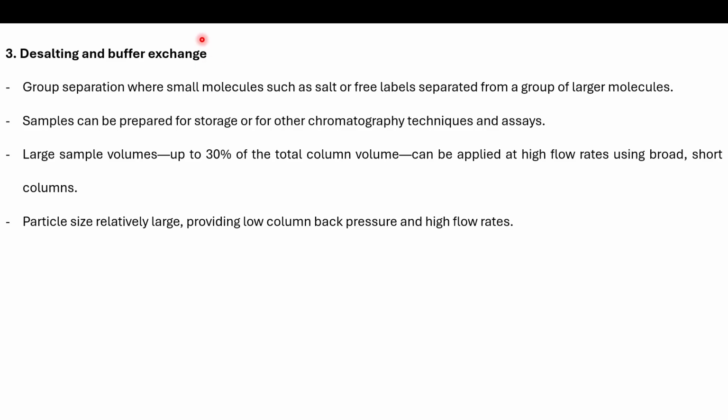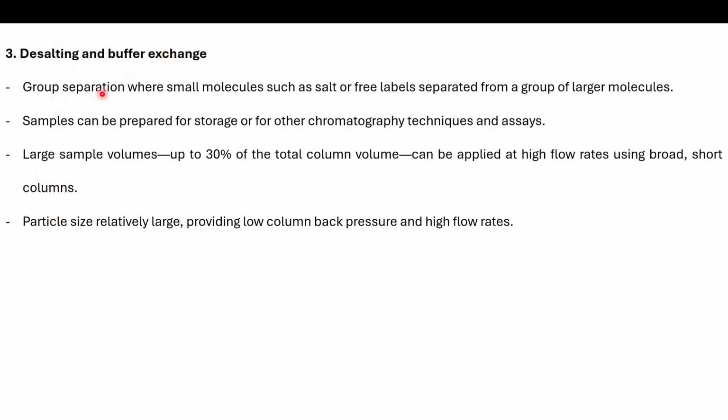Then you exchange the buffer or change the salt concentration in the buffer, using either these resins or some other concentrator or filters, wherein you exchange the buffer that the sample is already in with the buffer that will be used in downstream experiments, for storage, or other applications. Okay.